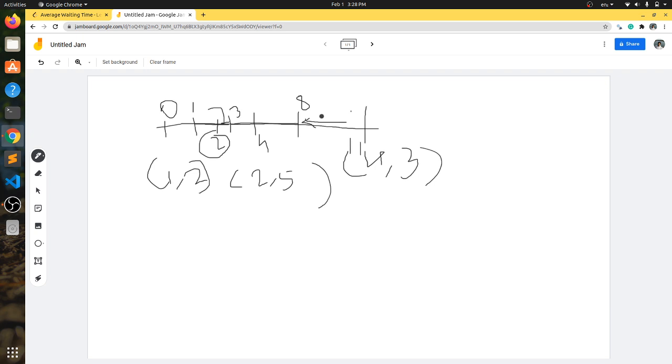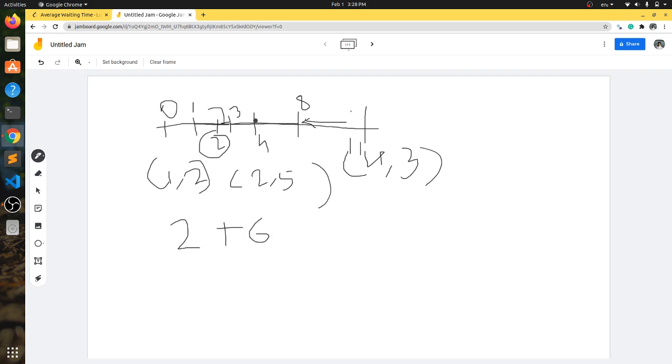From here we can see that the first customer arrived at 1 minute, and is served at the 3rd minute, so the time waited by him is 2 minutes. The second customer arrived at 2 minutes and his food is served at the 8th minute, so his total waiting time is 8 minus 2, that is 6 minutes.